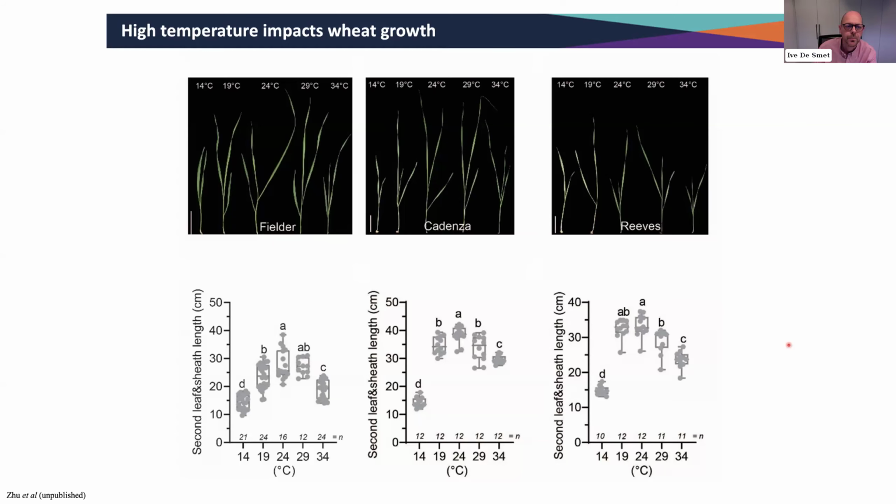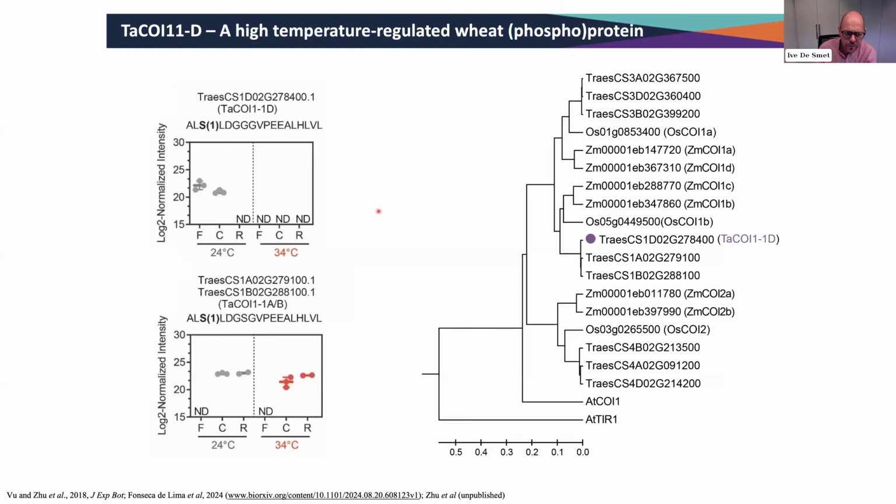One of the things that we observed is a specific loss of a phosphopeptide that is part of the wheat COI1. This is the COI1 on the 1D genome that is lost in all these varieties, while the corresponding phosphopeptide on the A and B genome does not seem to be obviously changing.